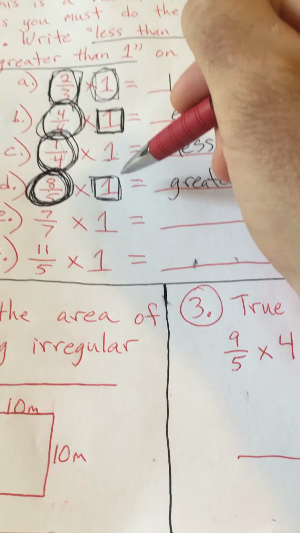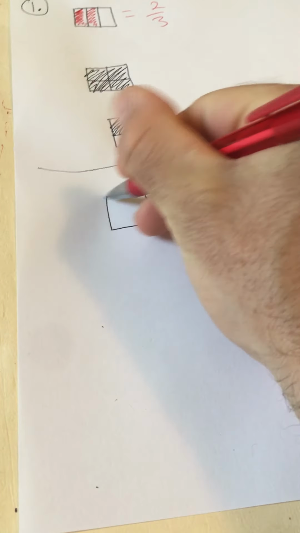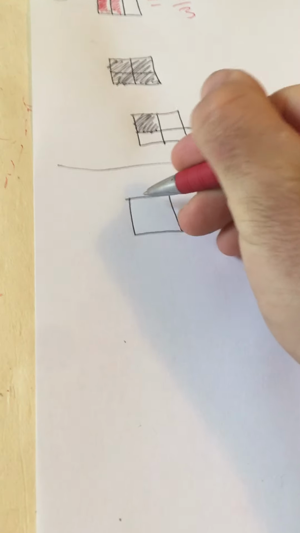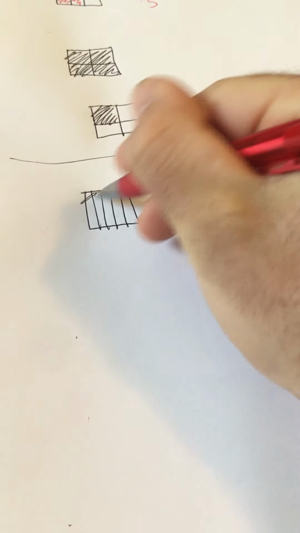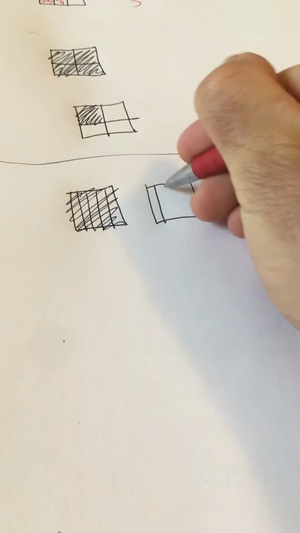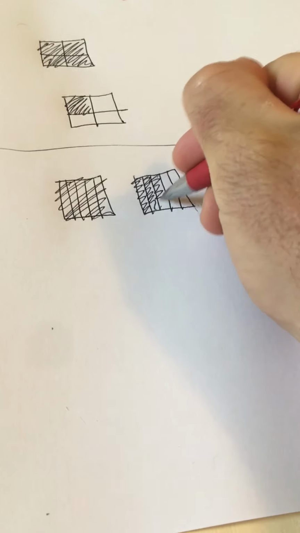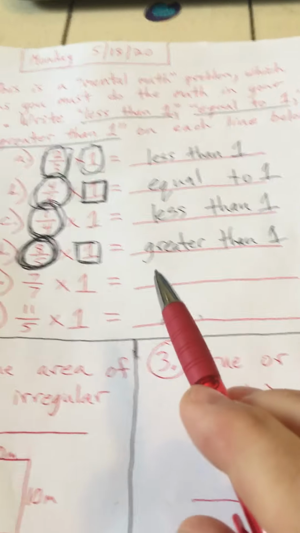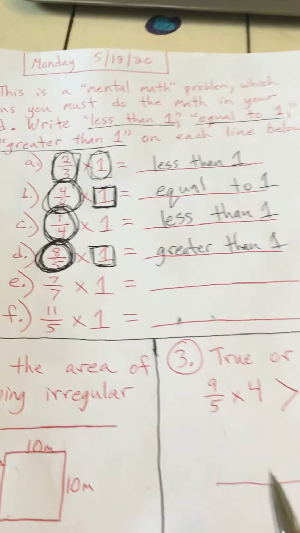If we look at 8/5, 5/5 would be this whole thing, and then 6/5, 7/5, there's 8/5. 5/5 plus 3/5 makes 8/5. Since that's more than 1, we know it's greater than 1.